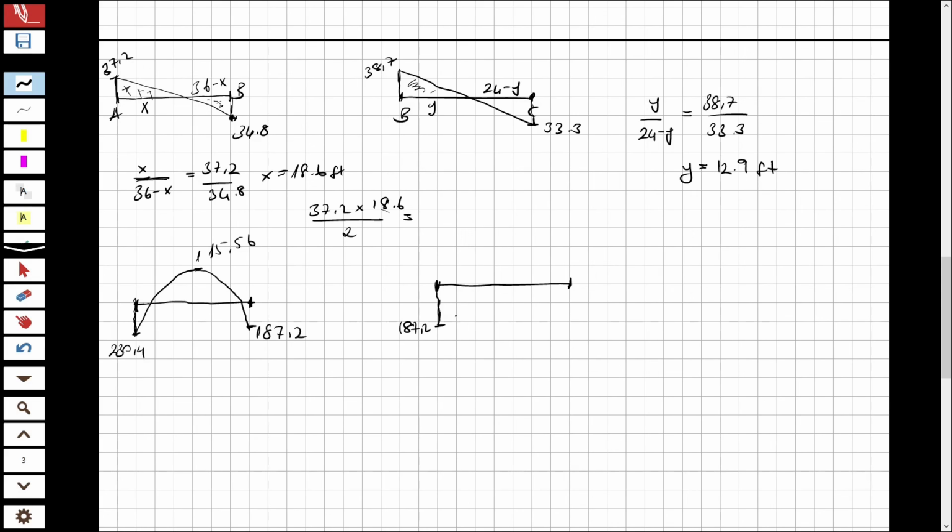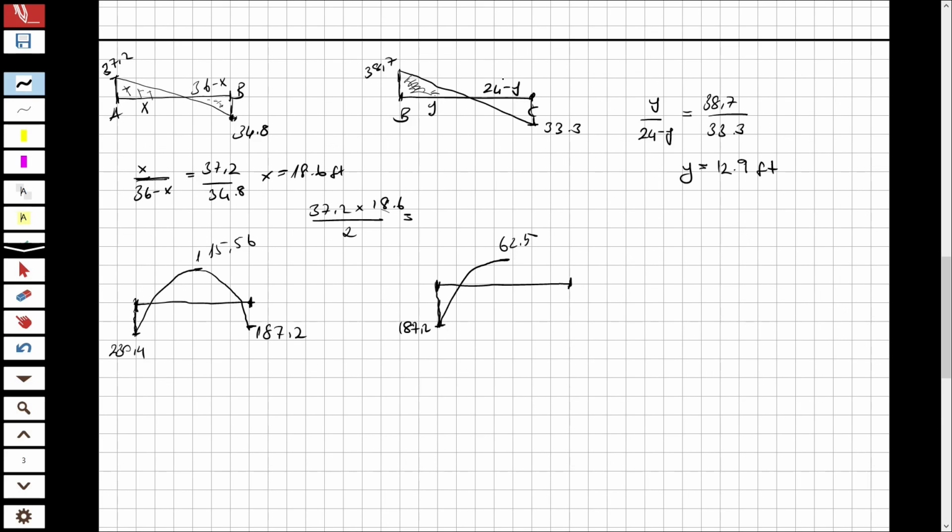When I increase by this amount of area, I'm going to obtain 62.5, which is subtracted from 187.2.